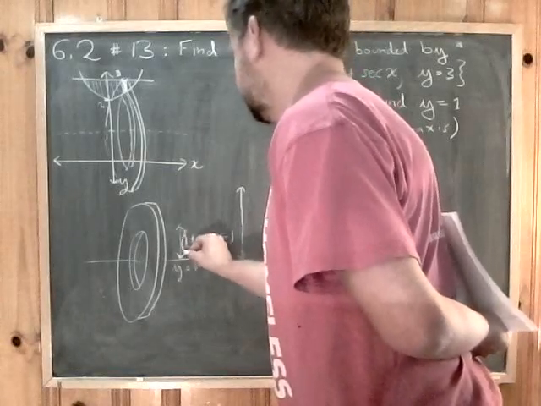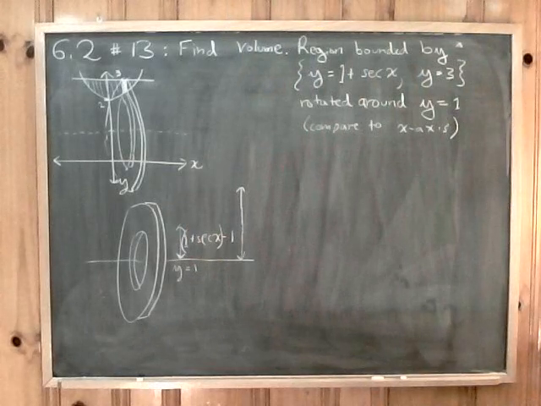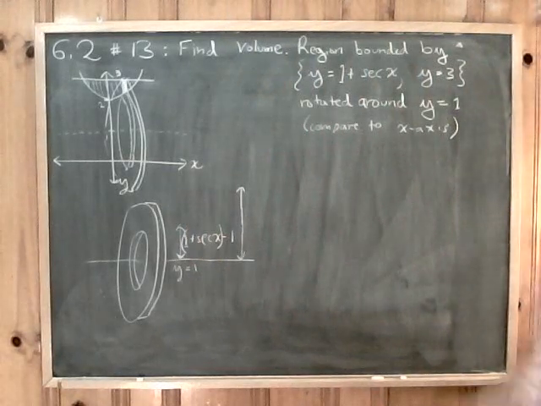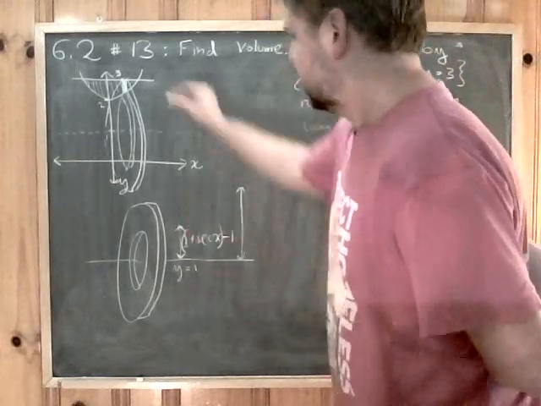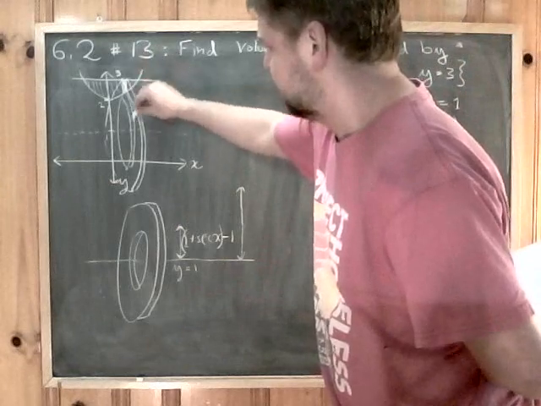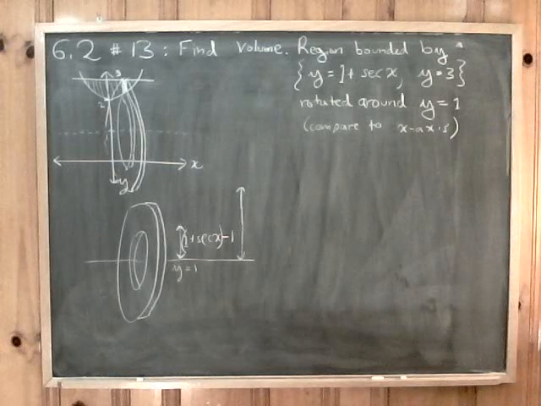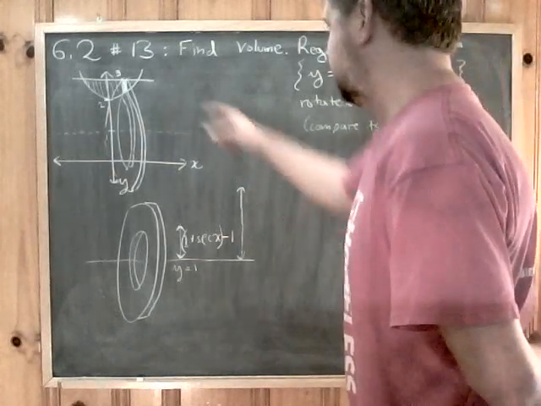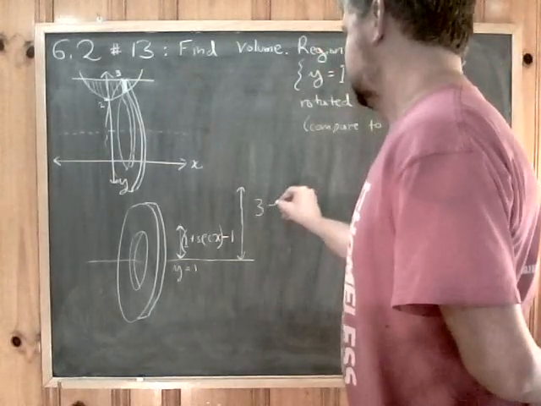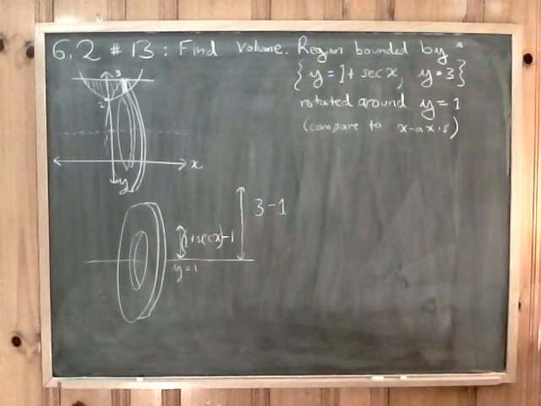That is like that, just to show it more clearly. 1 plus secant x minus 1. And I'm subtracting 1 because I'm just finding that distance. It's going to be 1 plus secant x on the top, but then minus 1 because that's the height of the horizontal line that I'm rotating around. And then the longer one will be the top line, which is actually just 3 minus 1. So both of those do simplify. This one turns into 2.